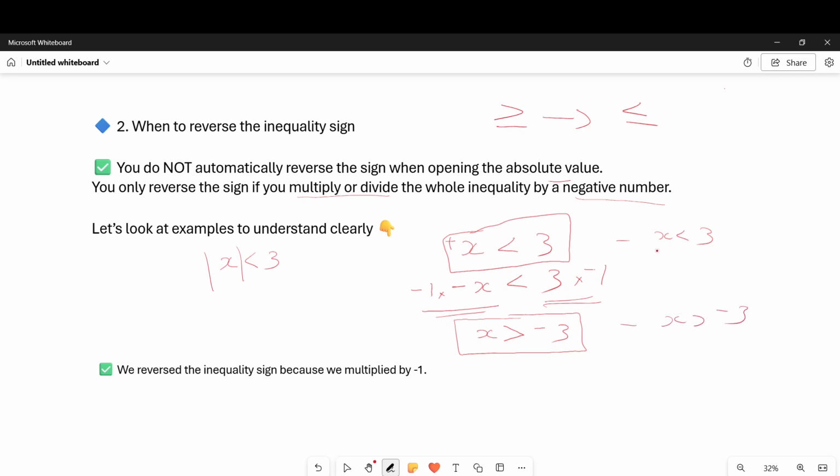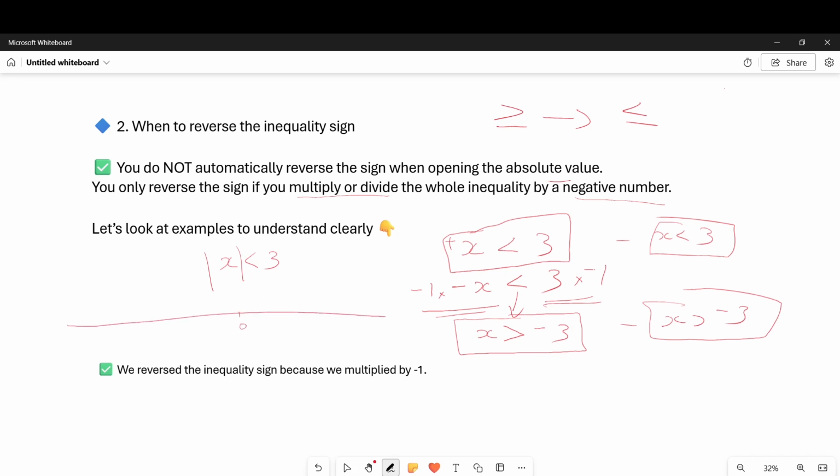Now we need to combine these two together. We reversed the inequality sign because we multiplied by minus 1. Let's combine both. Here x is less than 3, and x is greater than minus 3. Let's see it on the number line.